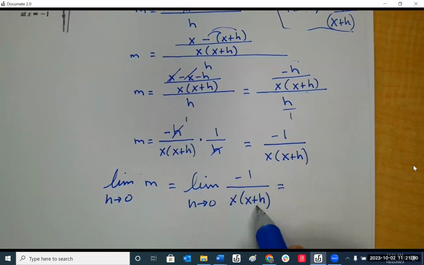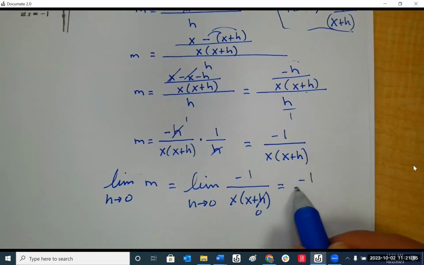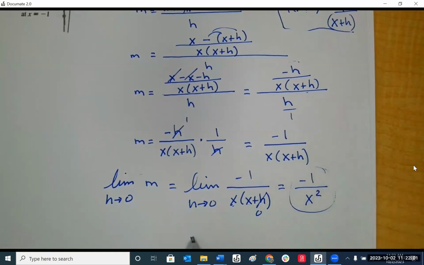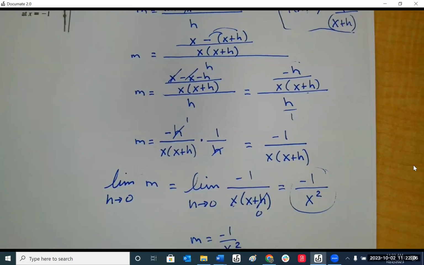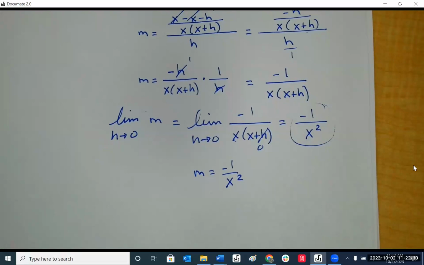So as h goes to 0, we have x times x is x squared. So that's the slope of our curve at any point along the graph.